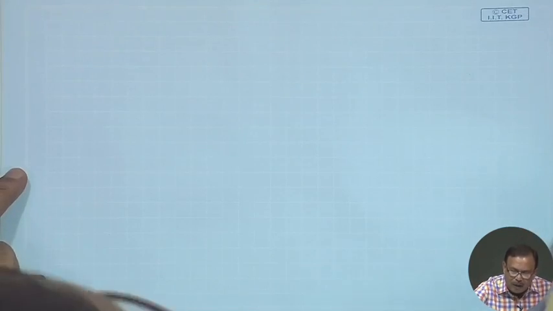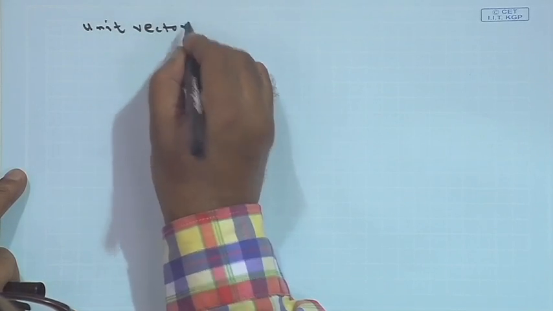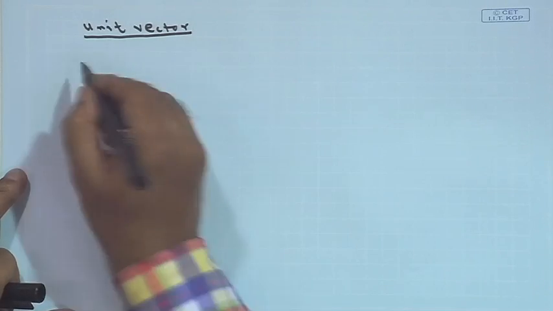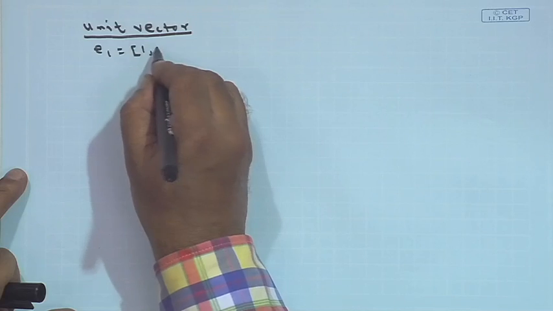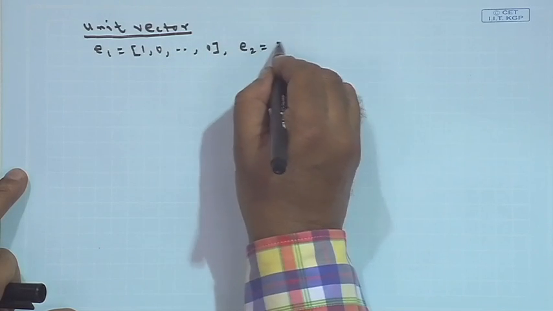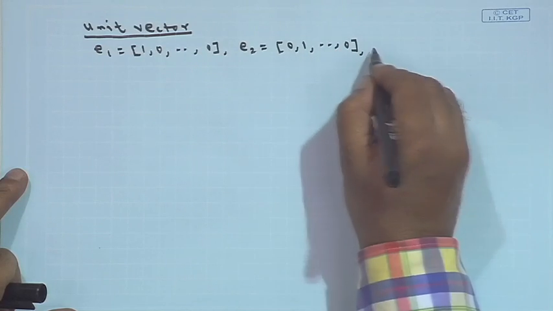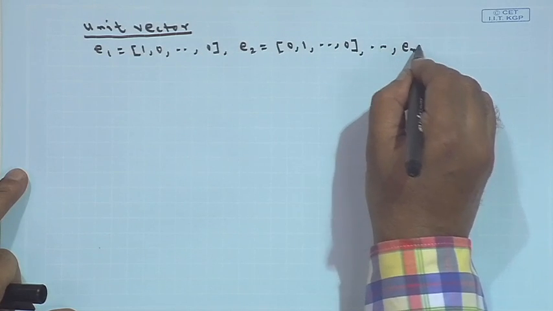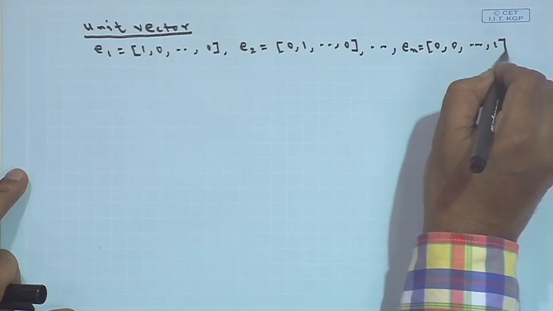Similarly, you have the unit vector. Unit vector we define like this. I can say E1 equals this, E2 will be equal to 0, 1 and all other elements are 0. Similarly, En will be like this.